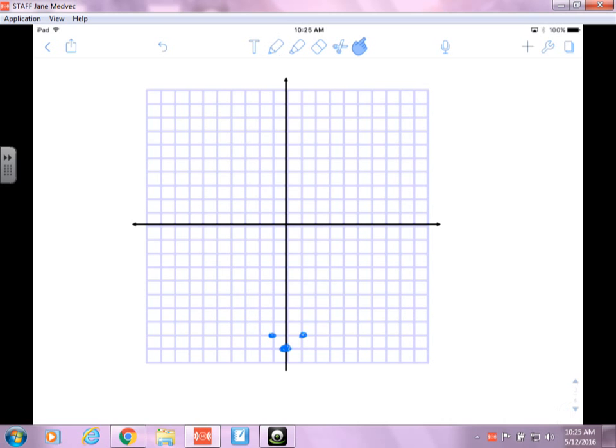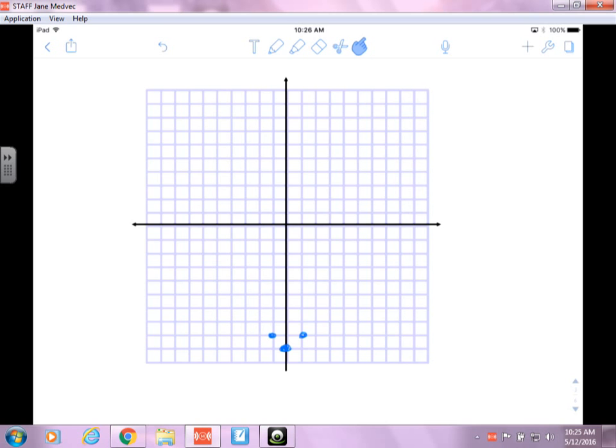Am I done? Why not? You have to find where it crosses. That's correct. I have to see where this parabola crosses the x-axis. Will it cross? Yes. How many places? 2, because my vertex isn't on the x-axis, and it doesn't open down, it opens up.